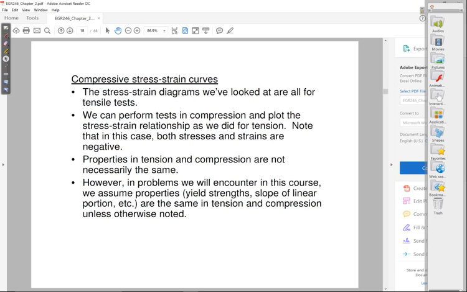So if you look at your materials properties table, for things like ultimate stress, you will see 2 columns of values. One is for tension, one is for compression. In cases where only the tensile value is listed, you could basically assume that the compressive value is the same. If the 2 values are different, then you will see 2 values listed. Okay, so that's all I need to say about that.